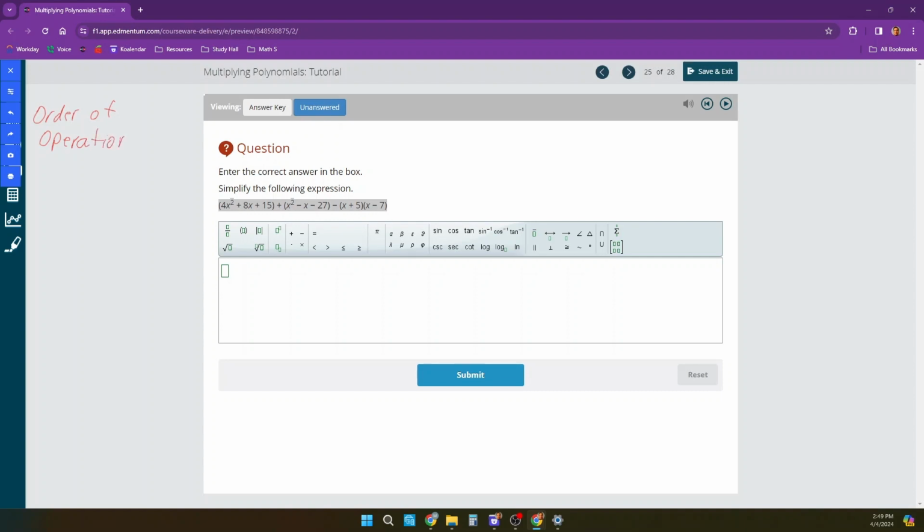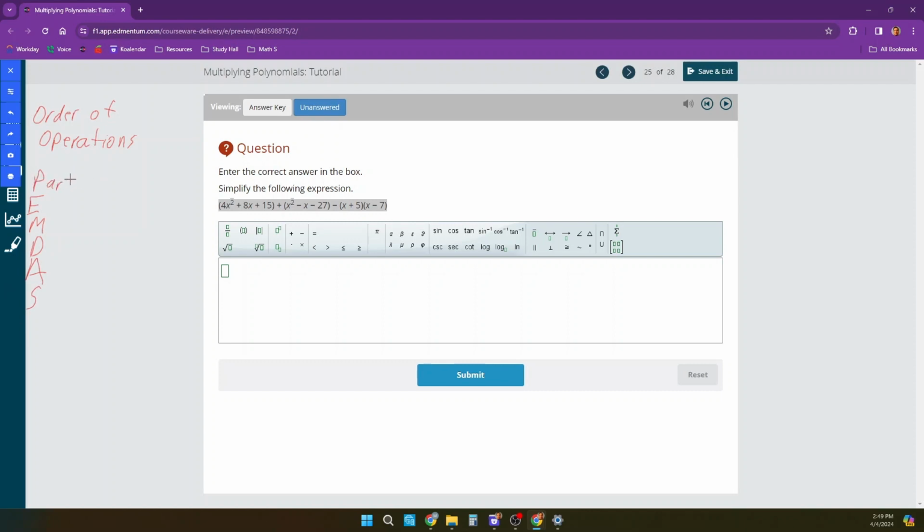And many of you may remember that there is an acronym to help us remember what the order of operations is. It is PEMDAS, which tells us how we are supposed to simplify this expression.